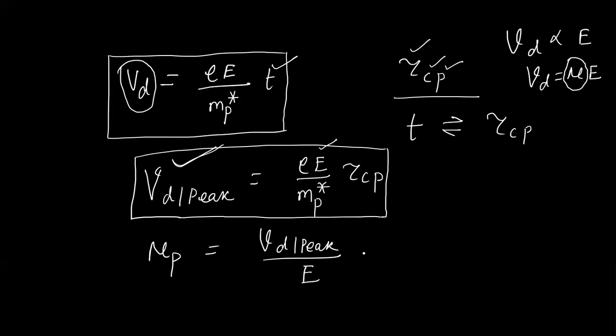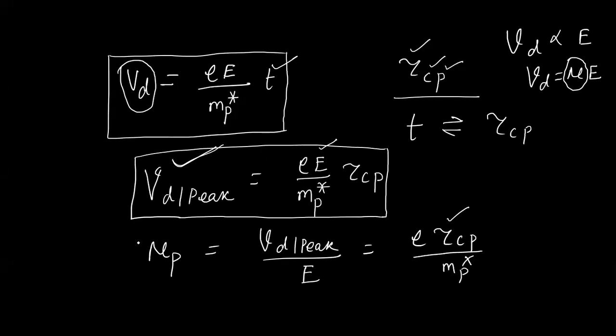So we can divide this, and you can write it as e times tau Cp, that's the mean time between collisions for the hole, divided by mp star.